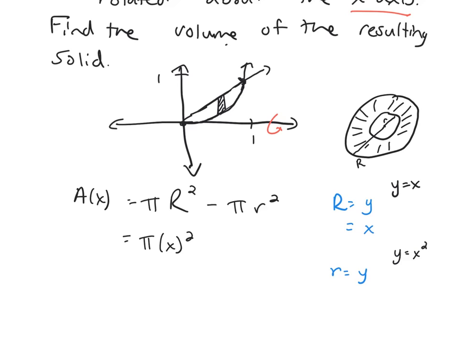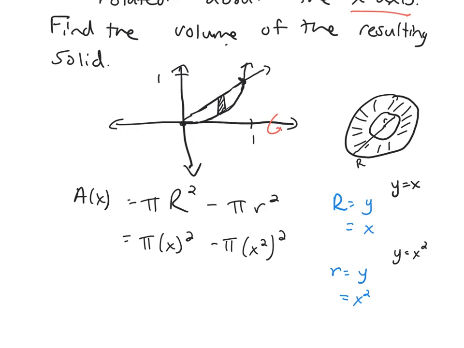So little r is going to be x squared, minus pi x squared squared.